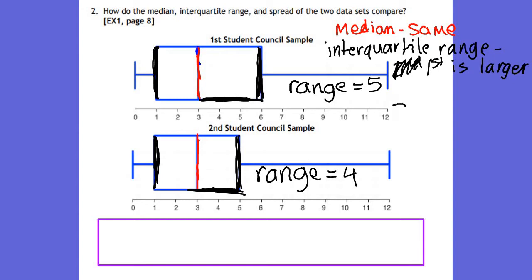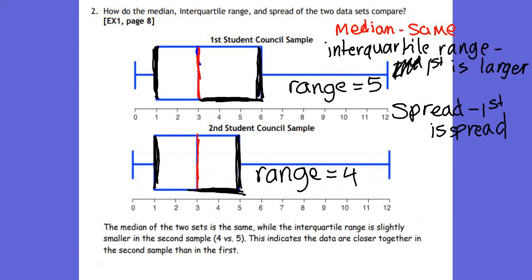So when I'm talking about my spread, the first is spread more. Whoops. That's correct grammar. Makes sense to me. And they basically said that in the paragraph there.